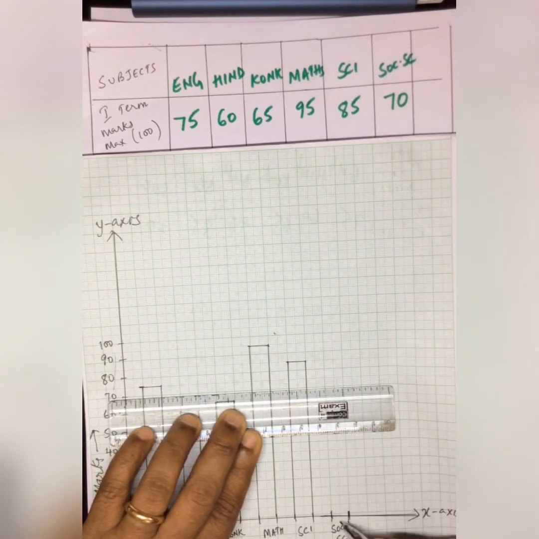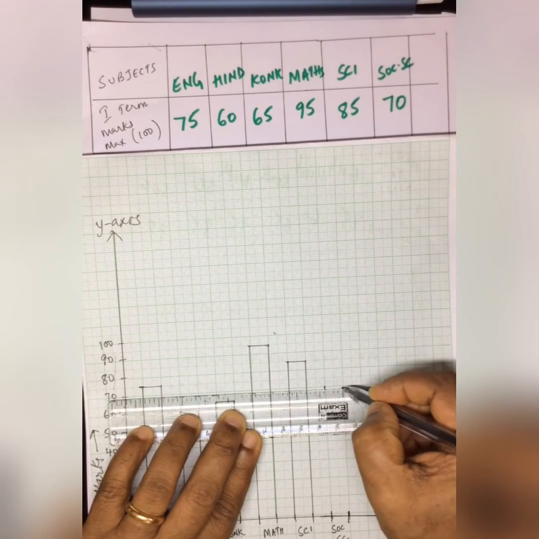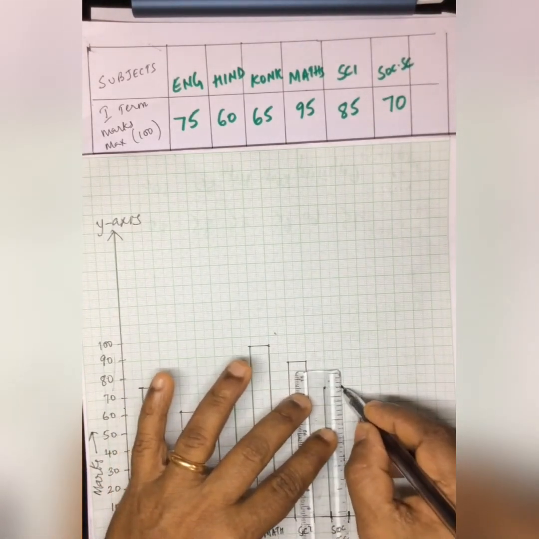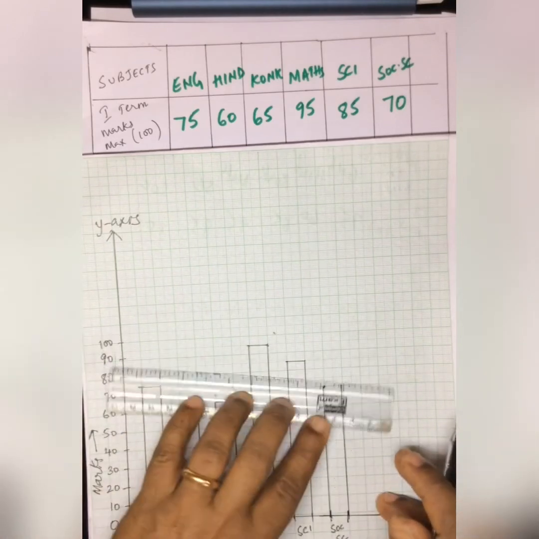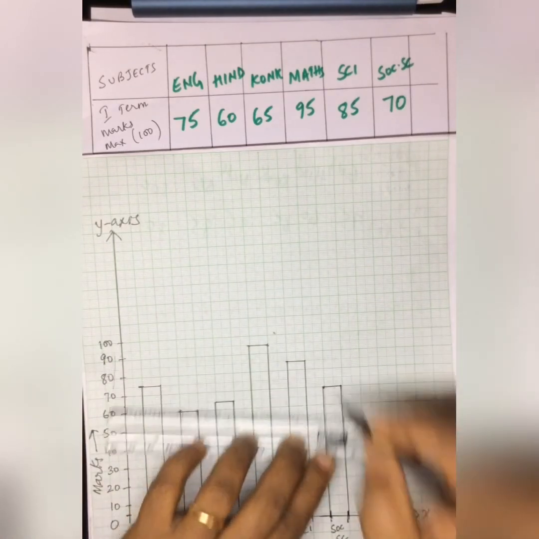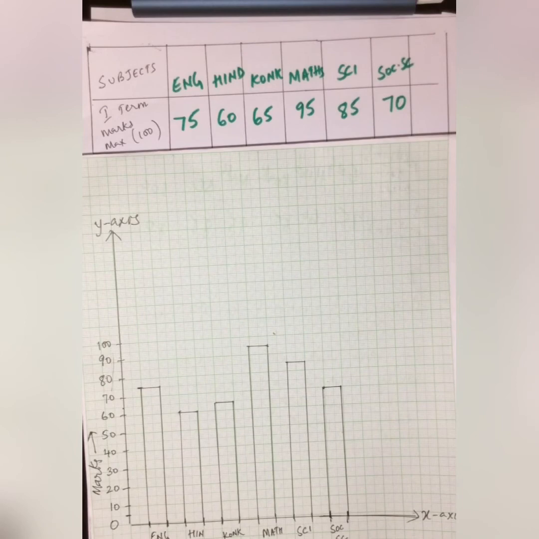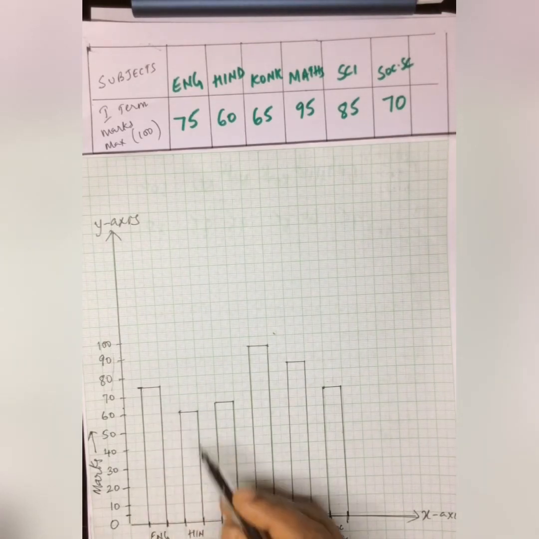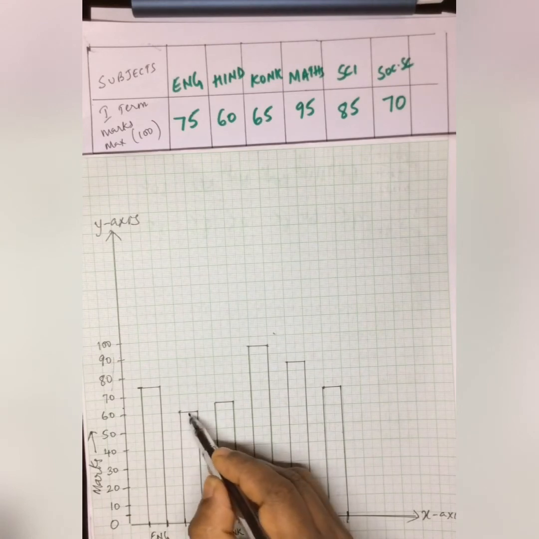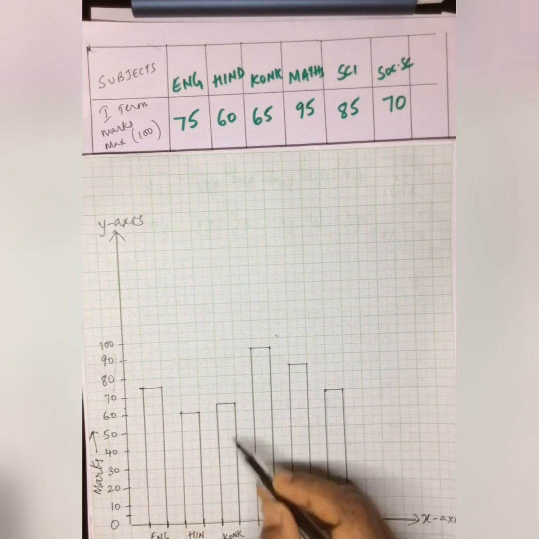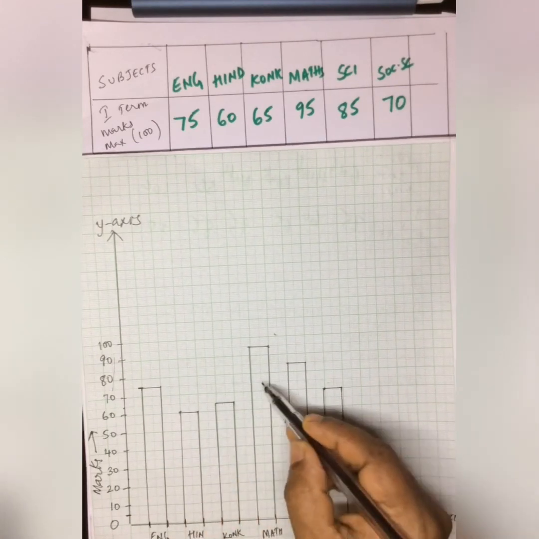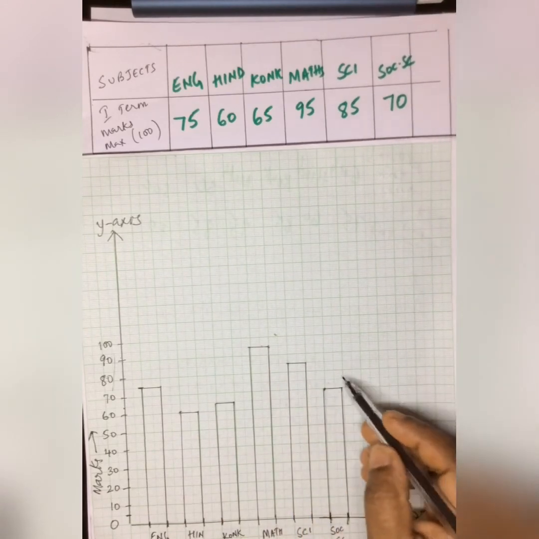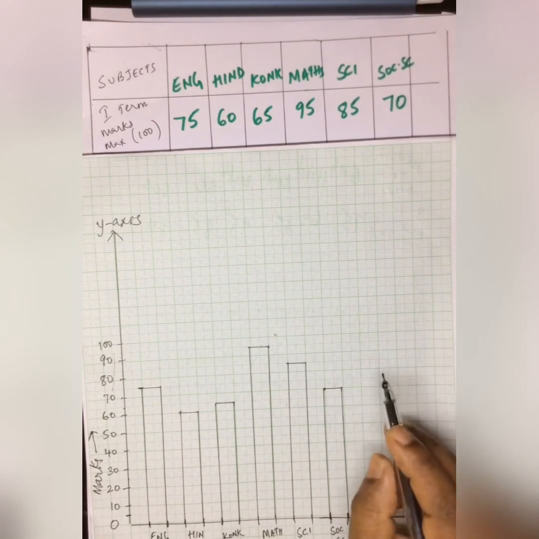Likewise, you check where you have marked social science. So English it is 75. Check again. Hindi it is 60. Konkani it is 65. Mathematics is 95. Science 85. And social science 70.